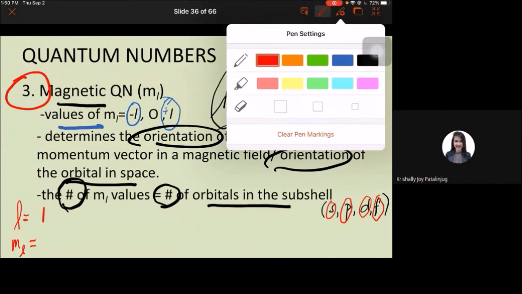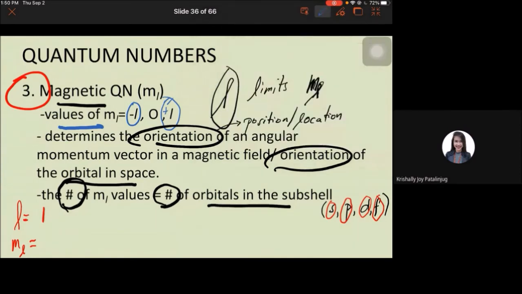M sub L niya is again negative part ng L, 0, and then positive part ng L. So that would be negative 1, 0, and positive 1. Nakuha? Negative part niya, then yung 0, huwag kalimutan, then positive form ng L.